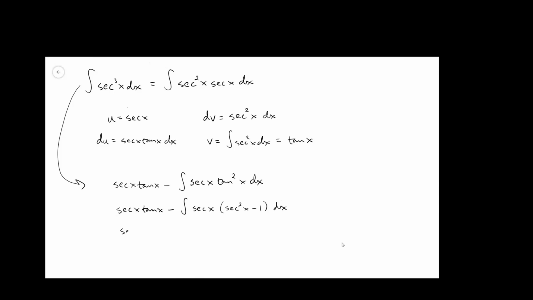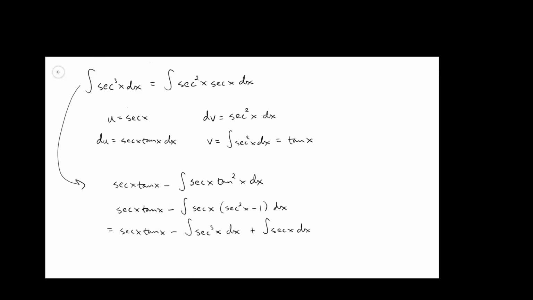So we're going to get secant, this stays, and distribute that. And we get secant cubed minus, actually I'm going to write that as a separate integral. That's actually going to end up being plus integral secant. And that's a plus again because that minus there and that minus there will change into the plus.